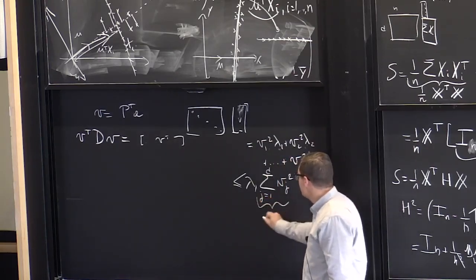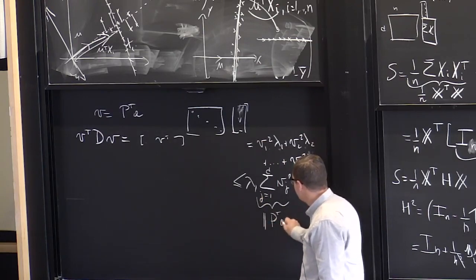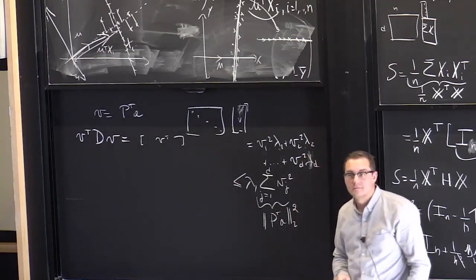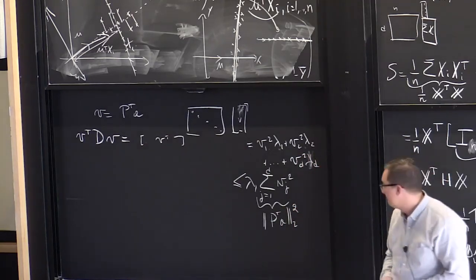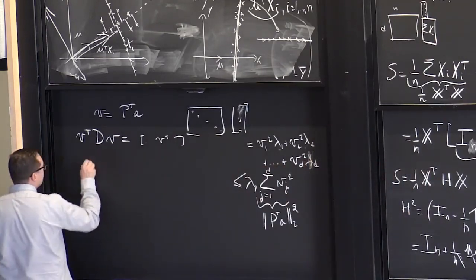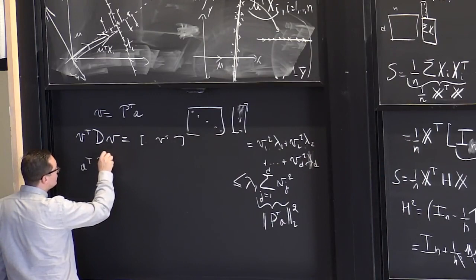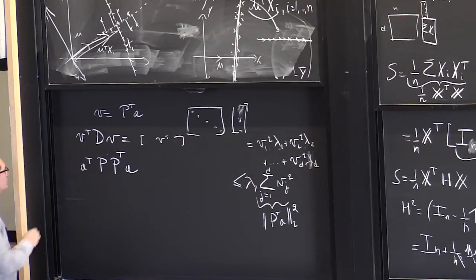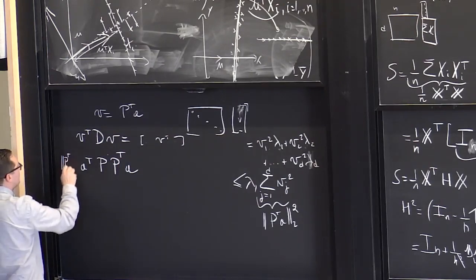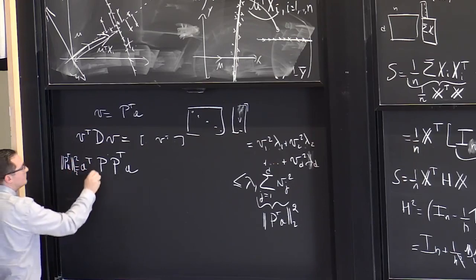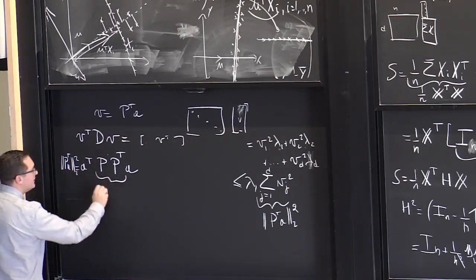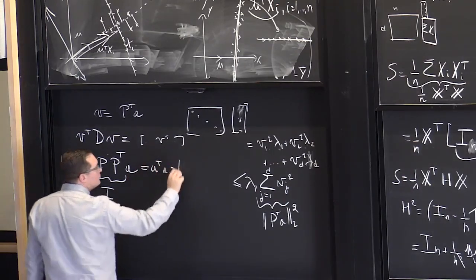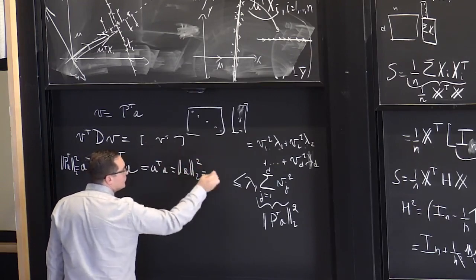But the sum of the vj squared is really just the 2 norm squared of P transpose A. But that's A transpose P times P transpose A. But P is an orthogonal matrix, so this is the identity. So this is equal to A transpose A, which is the 2 norm of A squared, which we just assumed was equal to 1.